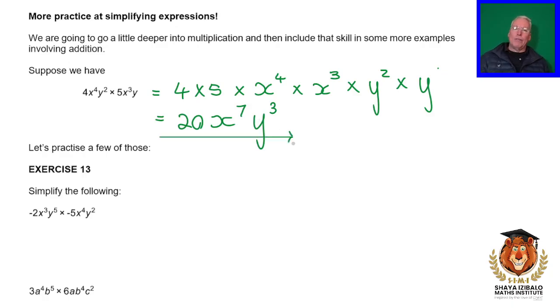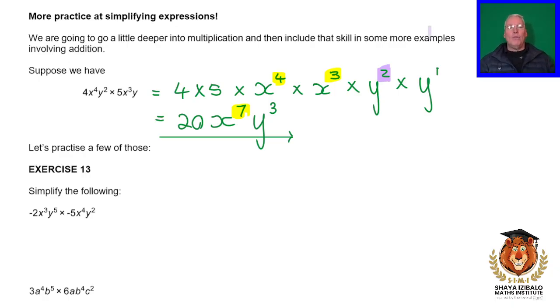Now at the beginning of this term we started off with exponents, and what we learned is that when our bases are the same, we can add the exponents. So that 4 plus 3 makes that 7. This 2 and this y over here, I actually started writing it and then I thought, oh, we don't need to write it. But that y has actually got a little 1 on, which we don't need to write.